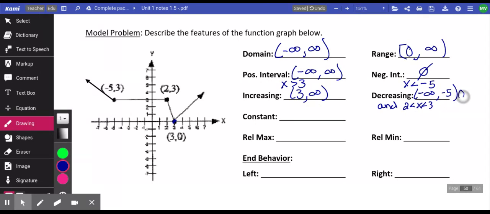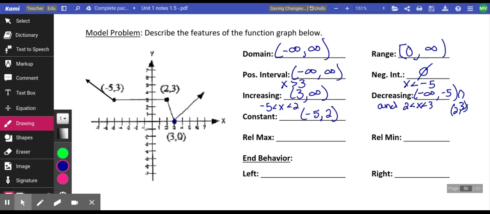So we'd say 2 comma 3, and those are both in parentheses. It's constant between negative 5 is less than x is less than 2, or we could say parenthesis negative 5 comma 2.